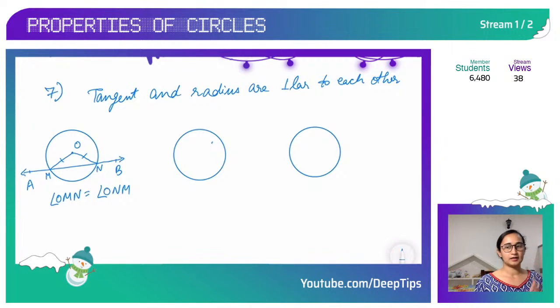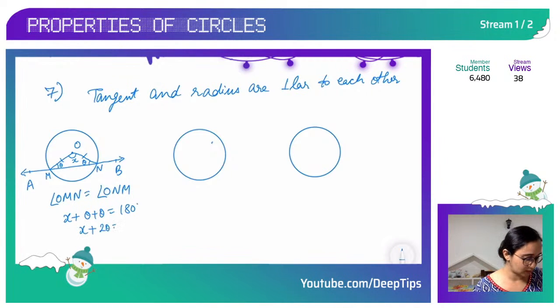Now let's mark this center angle as X and these two equal angles as theta. Children, if I take the angle sum property of triangle MON, I can write X plus theta equals 180 degrees, correct? And this is X plus 2 theta equals 180.